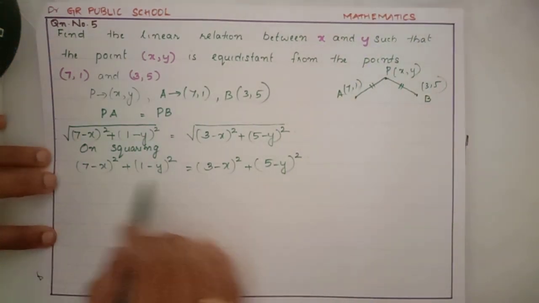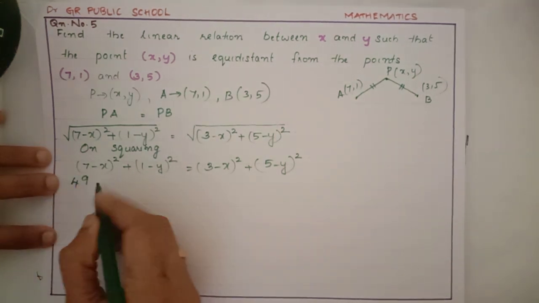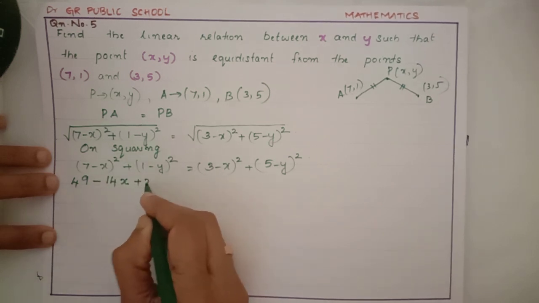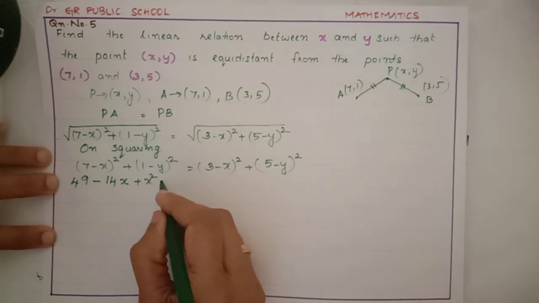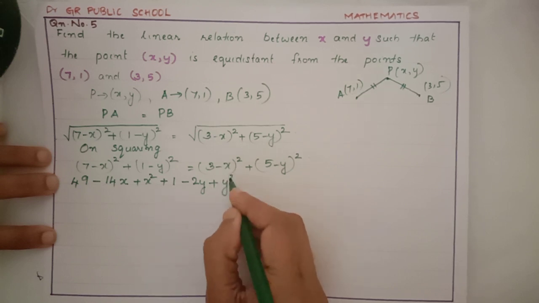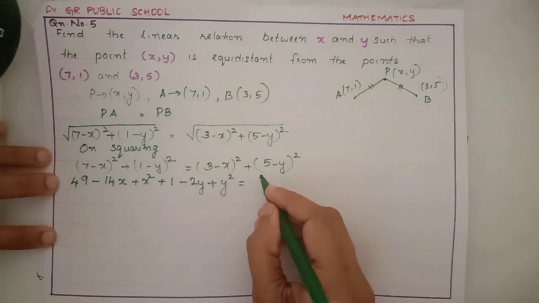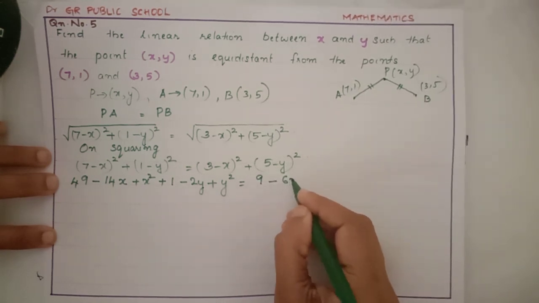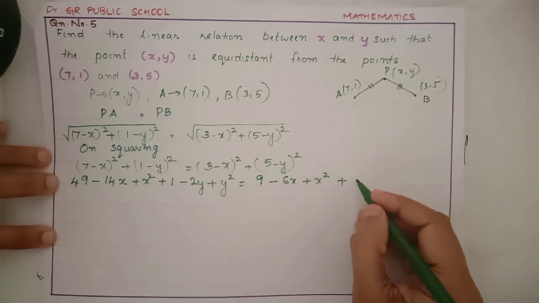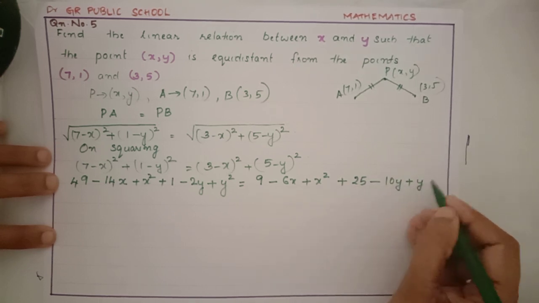Now expand using the (a minus b) the whole square form. So 49 minus 14x plus x square. Then (1 minus y) the whole square is 1 minus 2y plus y square, equal to, again the same identity, 9 minus 6x plus x square plus (5 minus y) the whole square, 25 minus 10y plus y square.